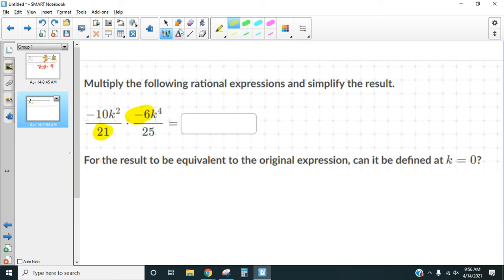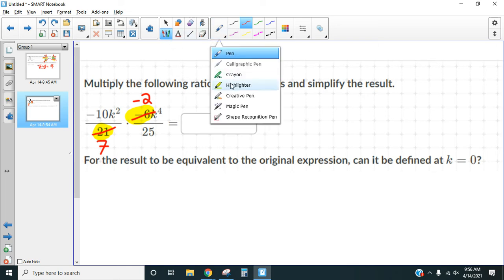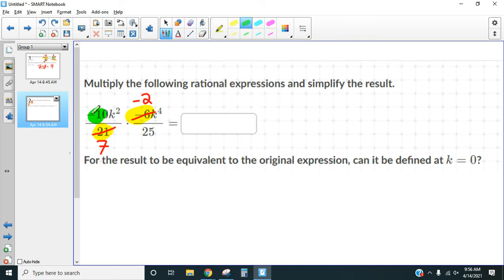-6 and 21. What can they both be divided by? 3. All right, so divide by 3. -2 and 7. How about the other two? Yep. There we go. So we got -10 and 25.